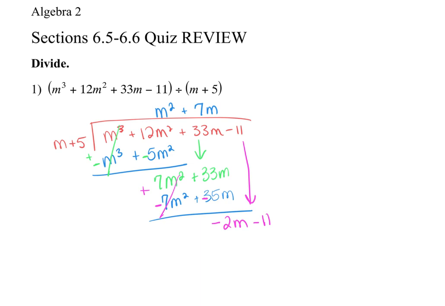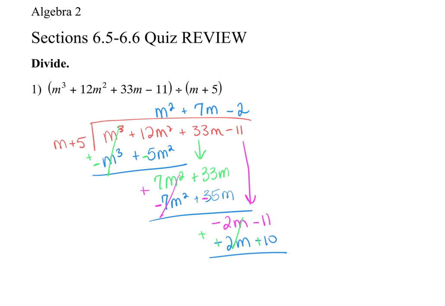And then one more time, I'm going to say, what do I multiply m by to get negative 2m? Well, that's just negative 2. And then I multiply negative 2 times m and negative 2 times positive 5. Once again, I am subtracting, which is adding the opposite. And so when I do that, I get negative 2 and positive 2 cancel.